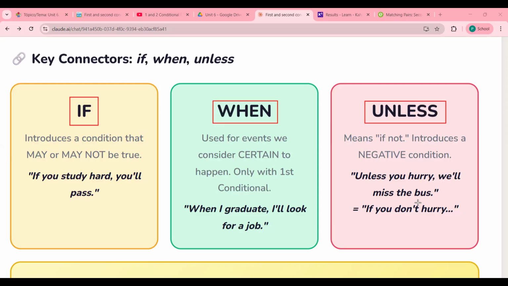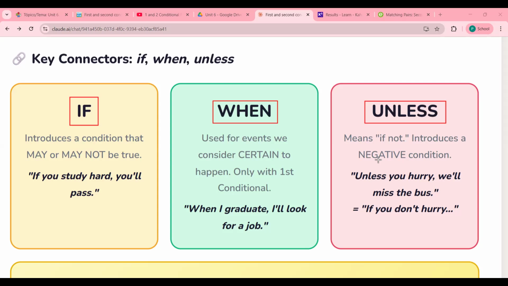Thanks. If is the most common connector when you say the first or the second conditional. Another alternative is when, with first conditional only, and unless introduces a negative condition.